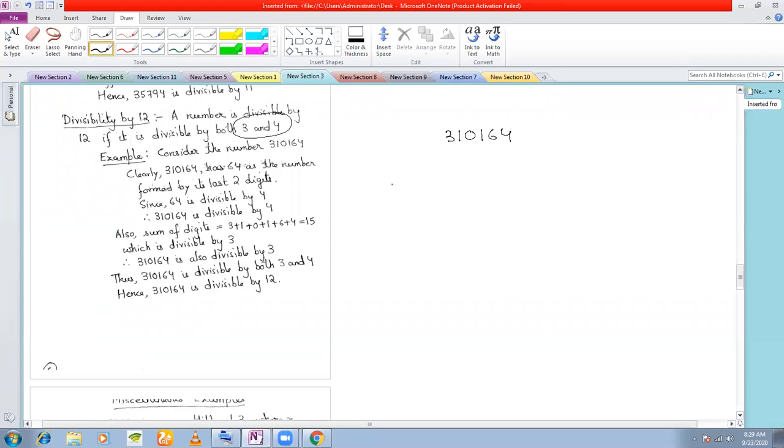310164. Consider this number. I want to check whether this number is divisible by 12. Okay. So first I'll check whether this number is divisible by 3. So what I do is I take the sum of the digits.